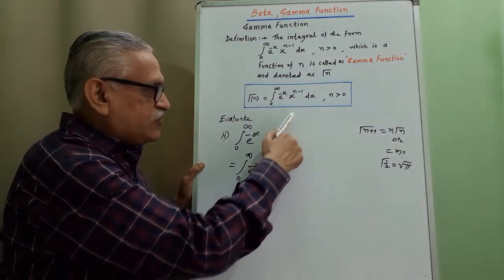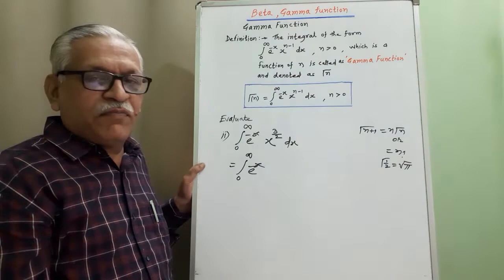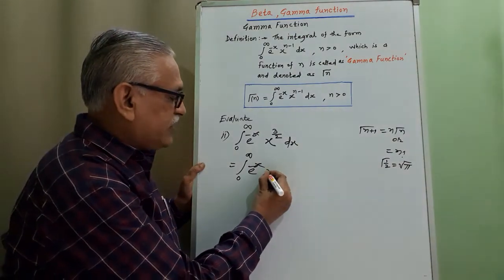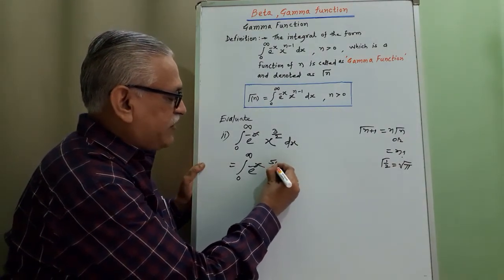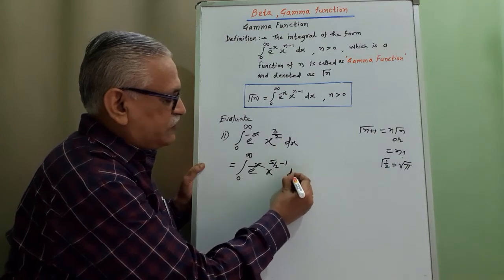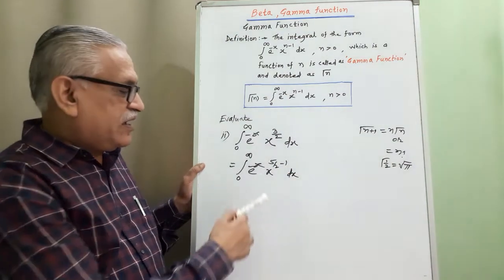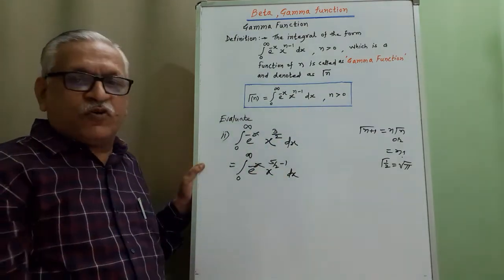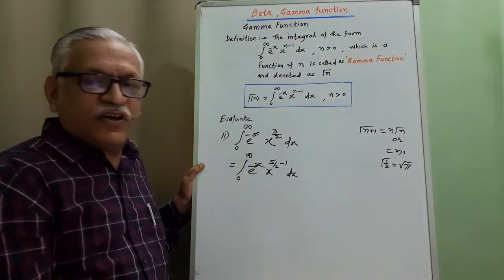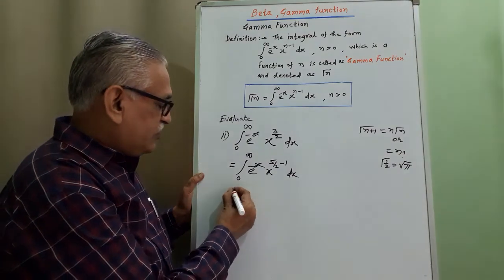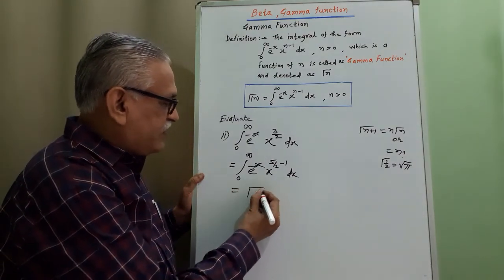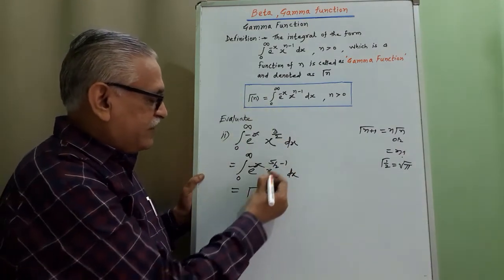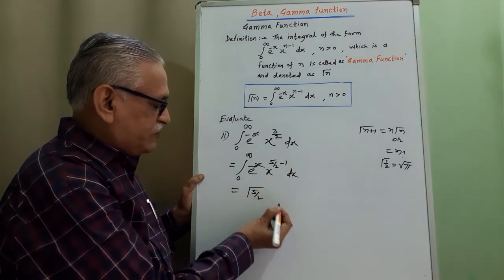This x to 3 by 2 we write in the form of n minus 1, and therefore that 3 by 2 we can write down as 5 by 2 minus 1 with respect to x. And as per definition, the value of n is 5 by 2, and therefore it is Gamma 5 by 2.